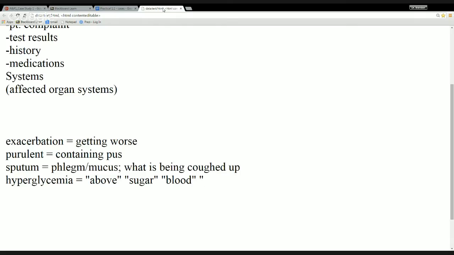No, it actually specifically means condition, okay, or disease state. So hyperglycemia basically means above or high sugar blood condition. Okay. Now that's a very awkward way of saying it, but really what it means is, well, high blood glucose.